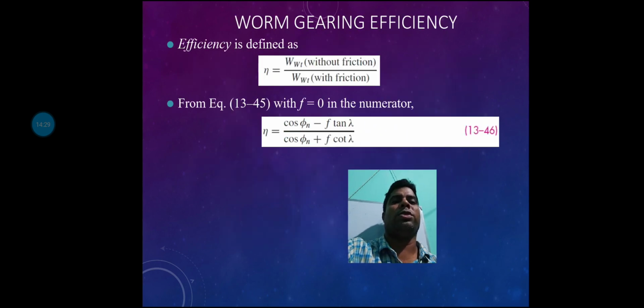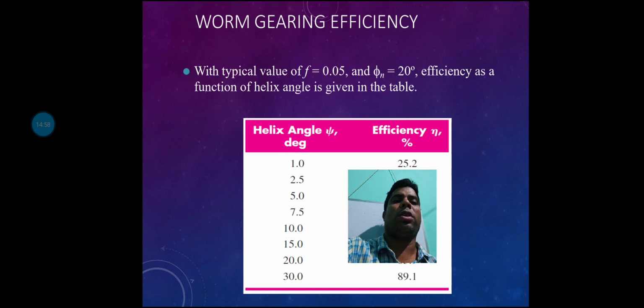Now the efficiency of the worm gearing. Efficiency is defined as the Wt without friction divided by the Wt with friction. That means when f is equal to 0 in the numerator, eta, the worm gear efficiency, is equal to cos phi n minus f tan lambda, whole by cos phi n plus f cot lambda.